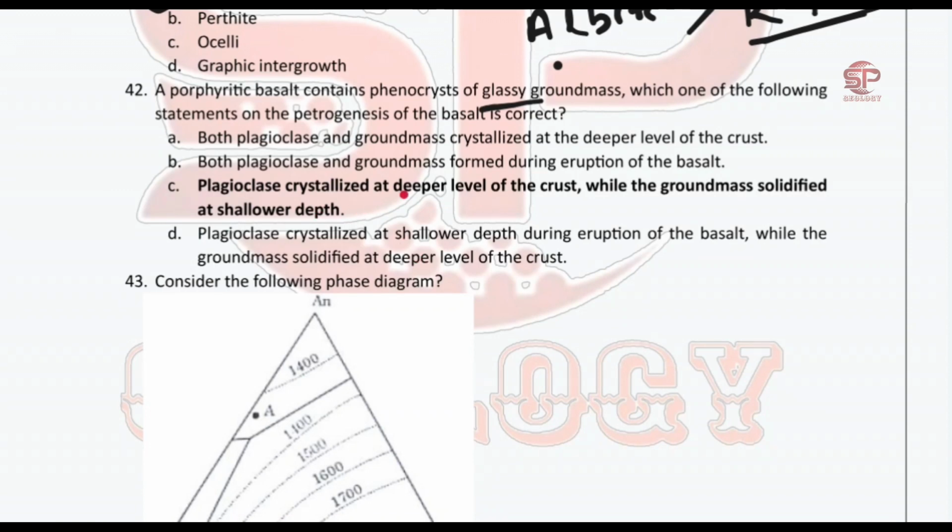Plagioclase is coarser grained and crystallizing at deeper level, and the groundmass is finer grained, so it should crystallize at a shallower level. So option C will be correct, and option D, plagioclase crystallizes at shallower depth. If it is shallower depth, then it should be coarser grained. Sorry, finer grained. So it will be incorrect. So option C.